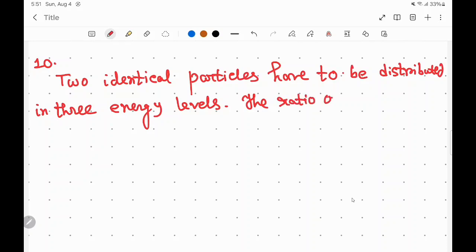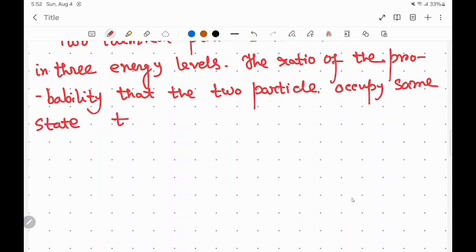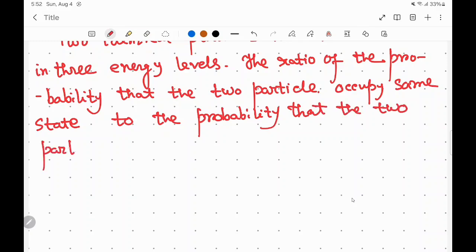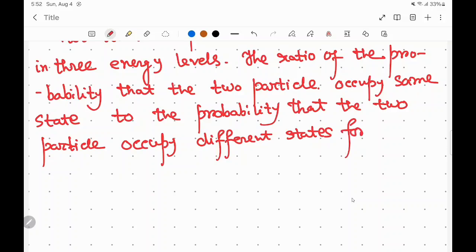The ratio of the probability that the two particles occupy the same state to the probability that the two particles occupy different states, for Bose-Einstein and Fermi-Dirac statistics, will be.